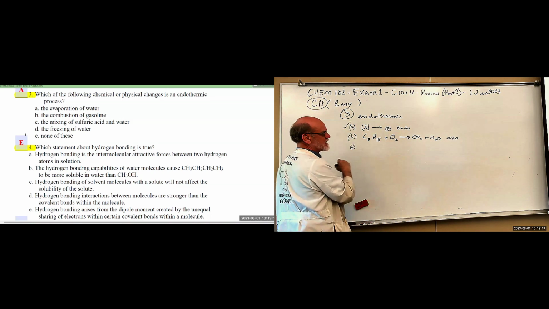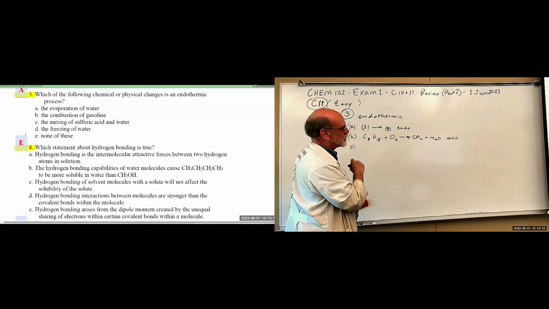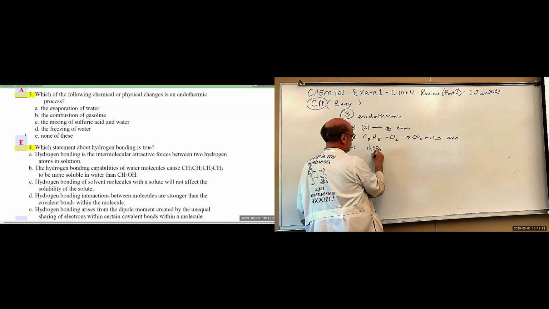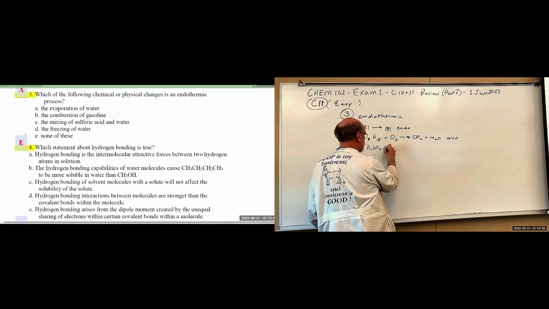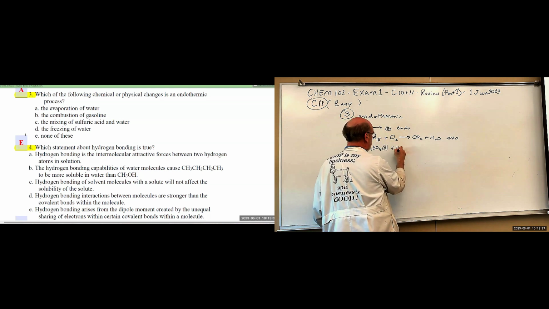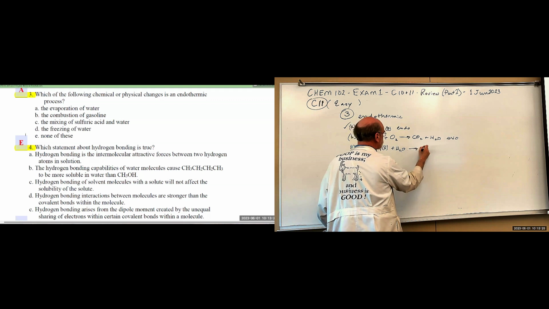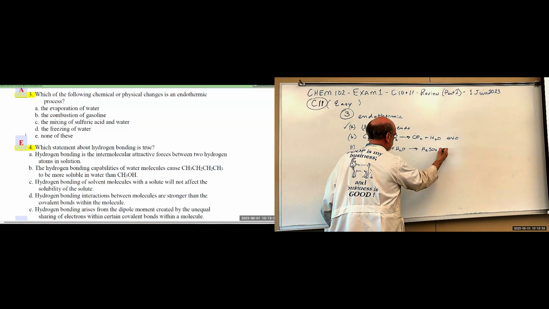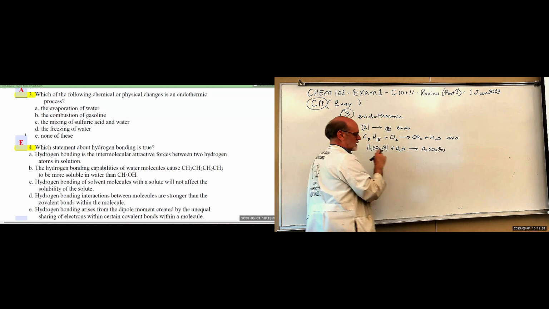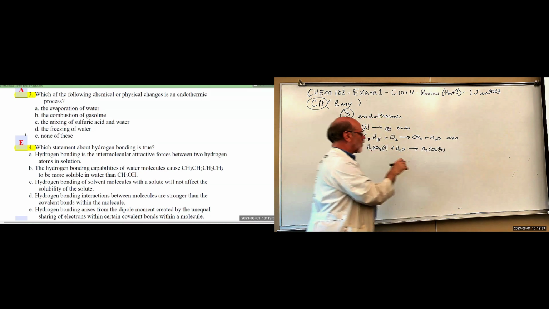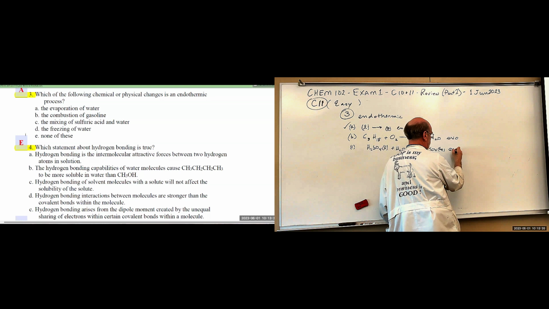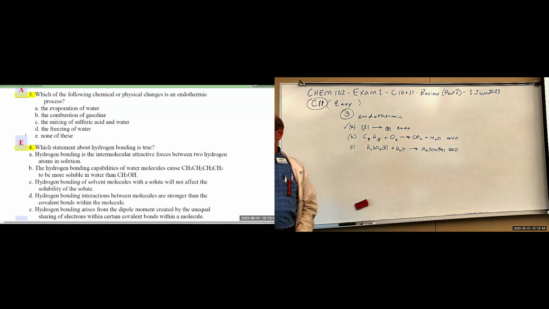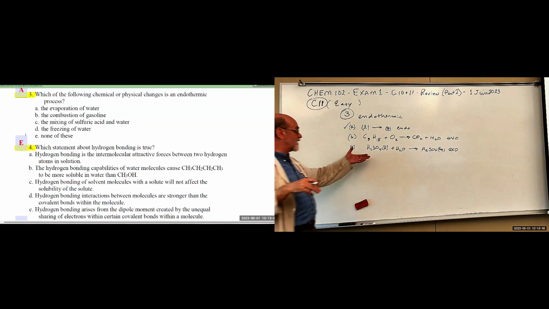C, mixing sulfuric acid and water. When you put pure sulfuric acid plus water, and you get the aqueous solution, that process is always exothermic. This is true for strong acids and strong bases, or pure acids and pure bases.